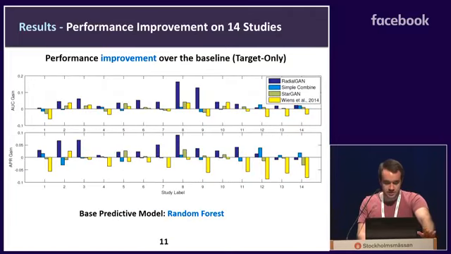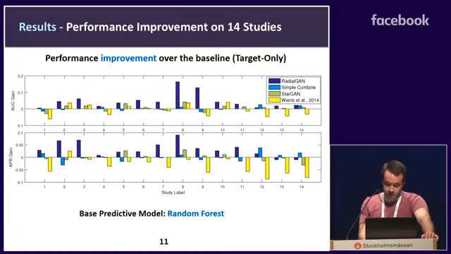In this next slide, we have the improvement over baseline, but now we're learning on all 14 available data sets, and you can see that in almost all cases, RadialGAN improves the performance, and in some cases, it significantly improves the performance, whereas most of the methods, certainly, for example, Means et al., don't improve the performance much at all, if ever.